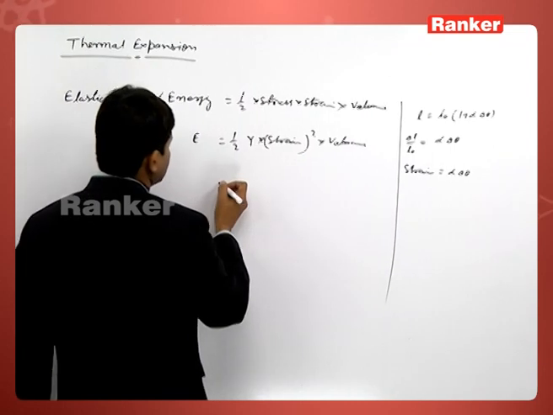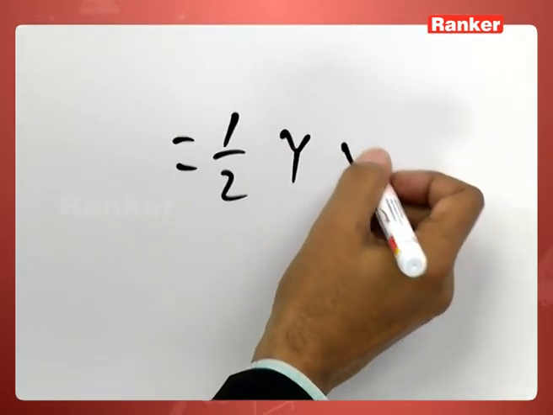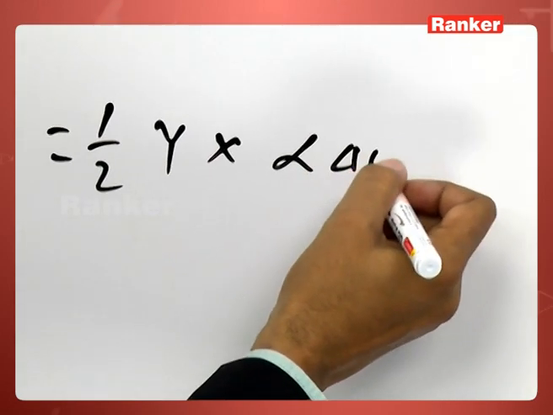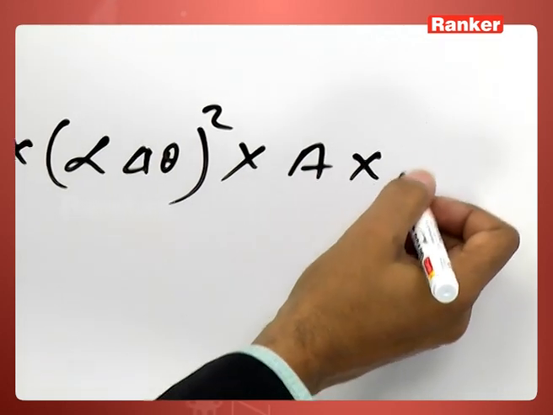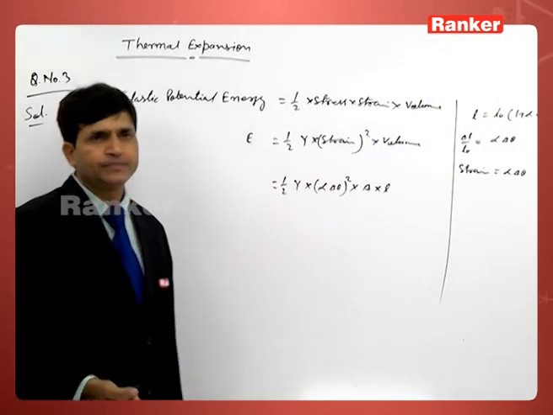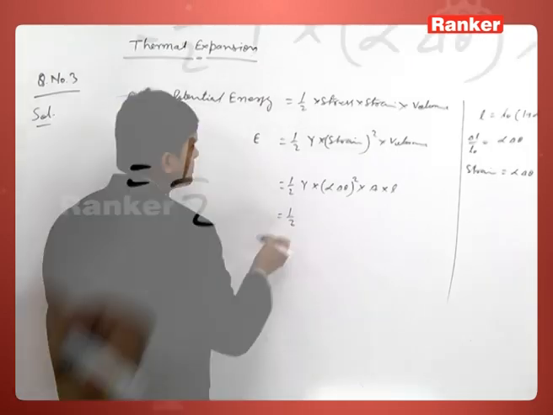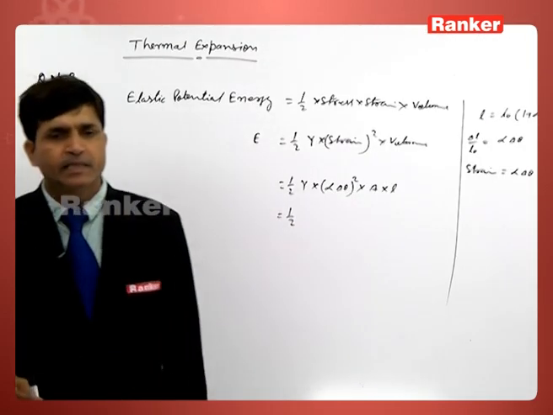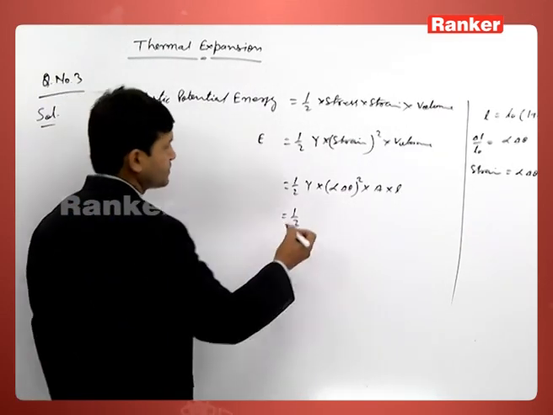So energy stored is half Y into (alpha delta theta) square into volume, that is area of cross section into length L. Now substitute the values. Half Y, Young's modulus is given here as 2 into 10 power 11.